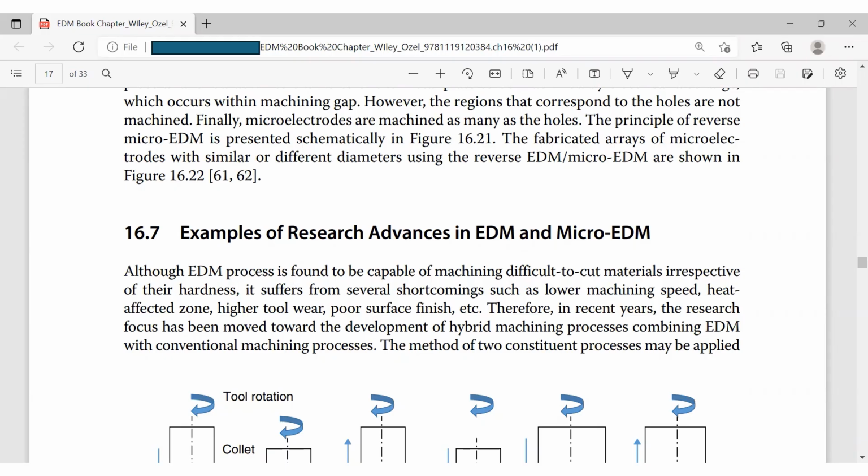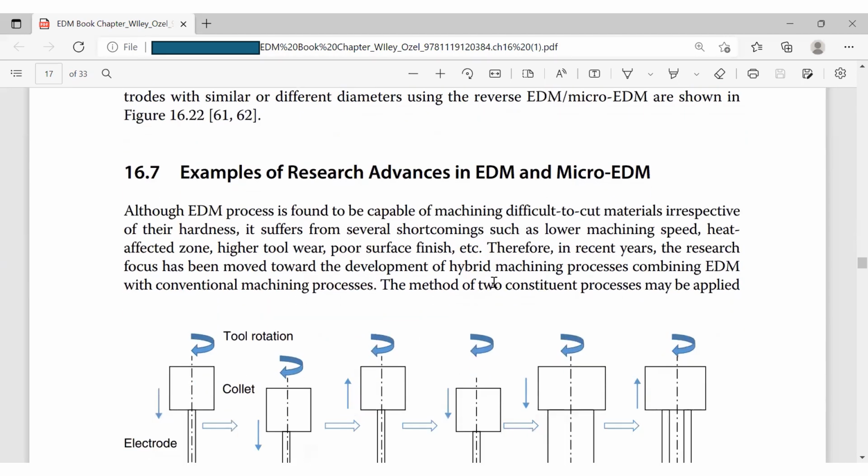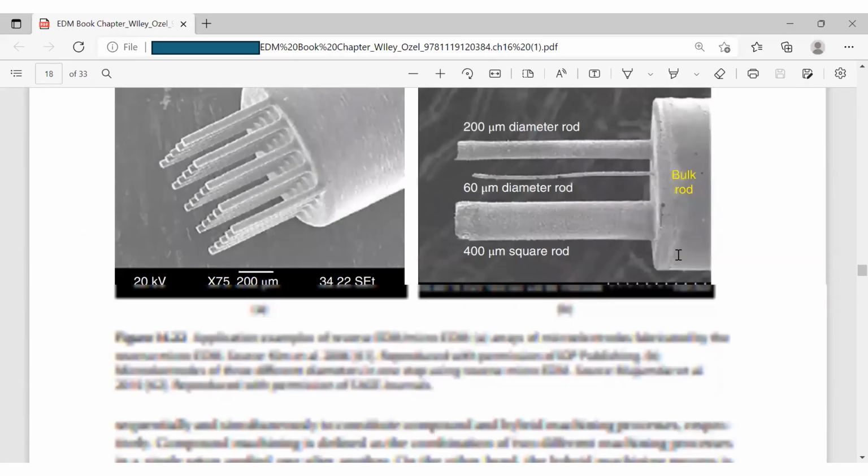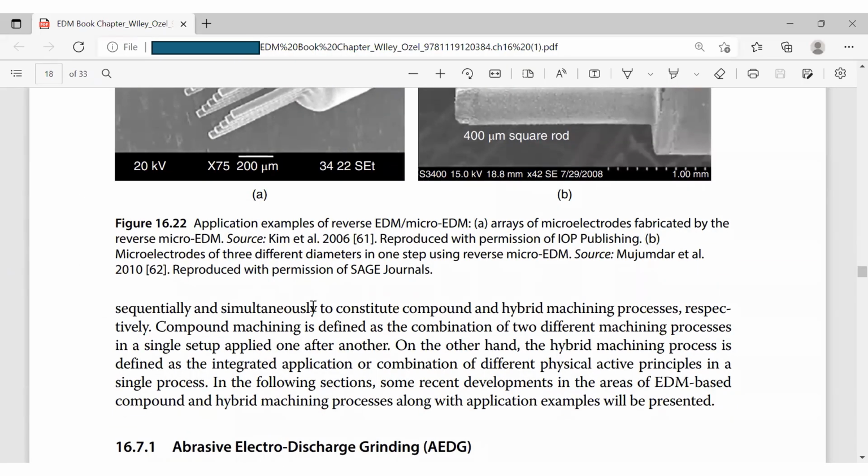Therefore, in recent years, the research focus has moved towards the development of hybrid machining processes, combining EDM with conventional machining processes. The two constituent processes may be applied sequentially and simultaneously to constitute compound and hybrid machining processes, respectively.